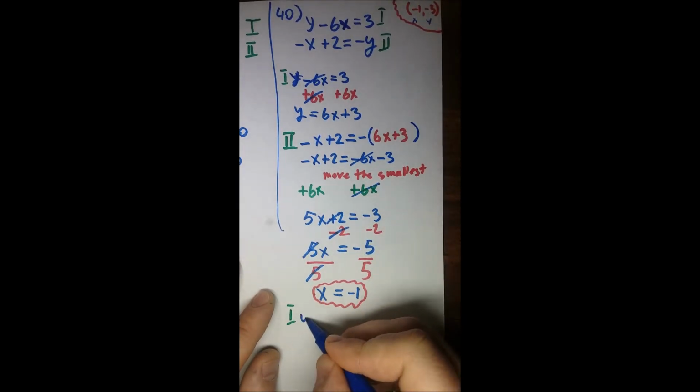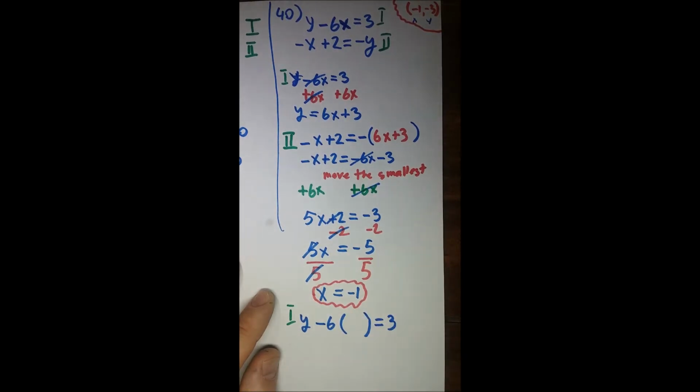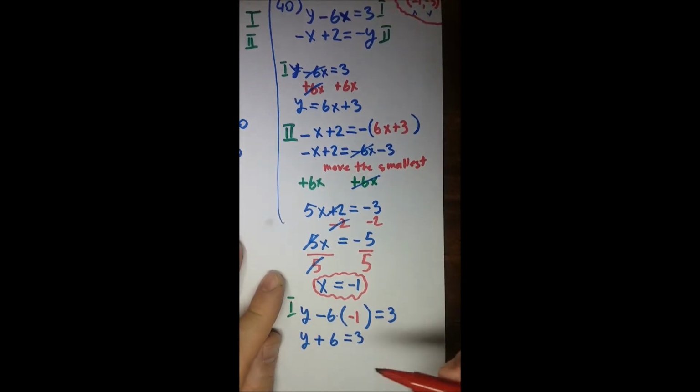So I'm going to write down y minus 6x equals 3. And instead of x, I'm going to put -1. There's a multiplication sign, so y, and -6 times -1 is +6 equals 3. One more step, and we are done.